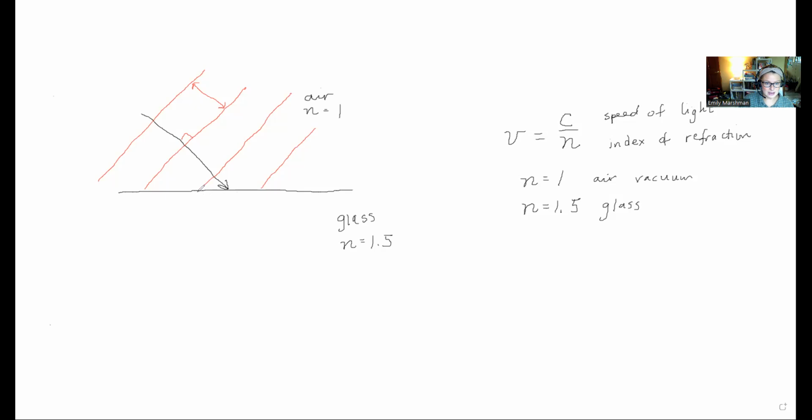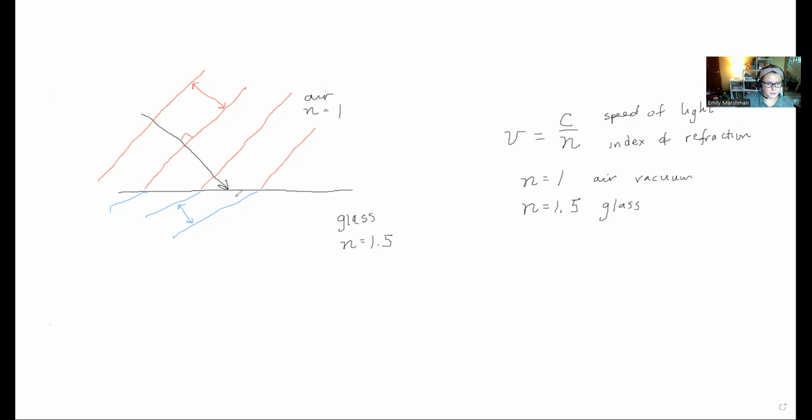And so the way that would look visually is it's going to look something like this. Do you see how, it's hard to tell from my picture, but this distance is smaller than this distance. So the light gets bent in such a way where these wave crests are closer together as compared to these wave crests.